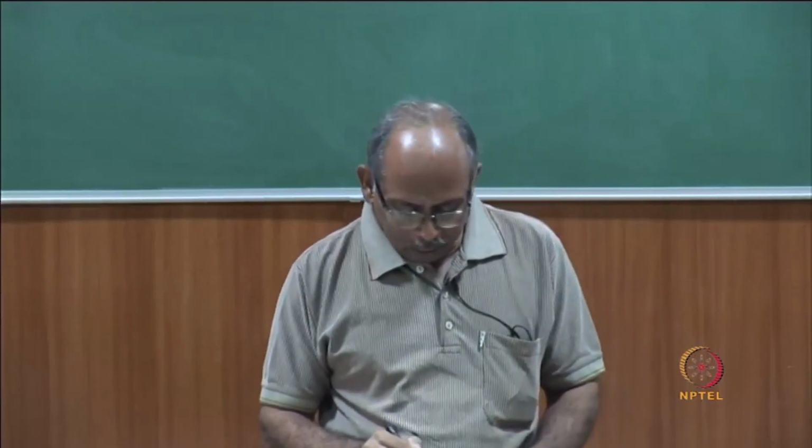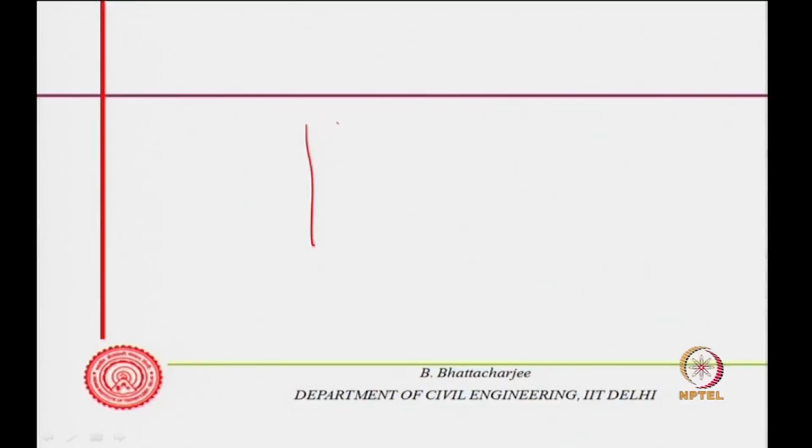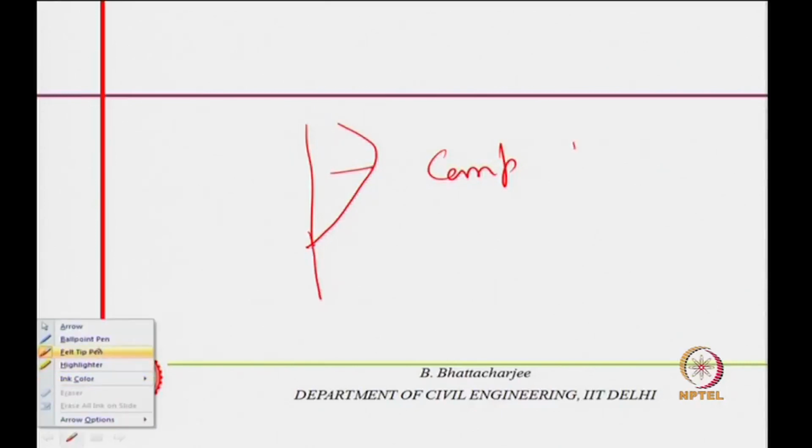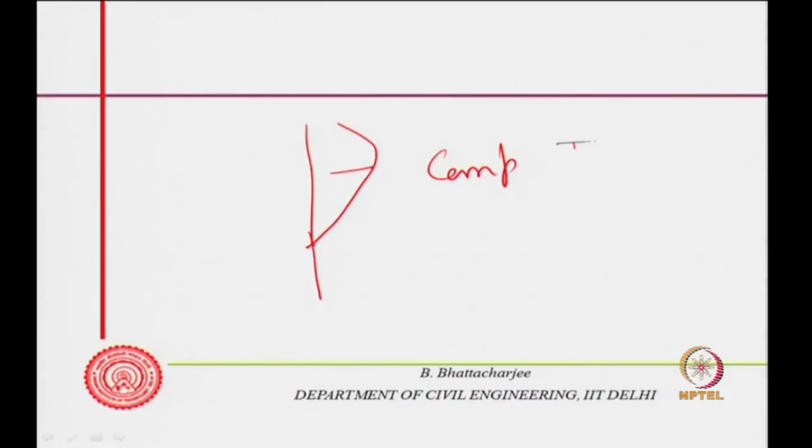Now, just before I go on, in flexural design one should be using this sort of curve in compression. If you remember flexural design, the stress strain curve given in the code would be something like this.